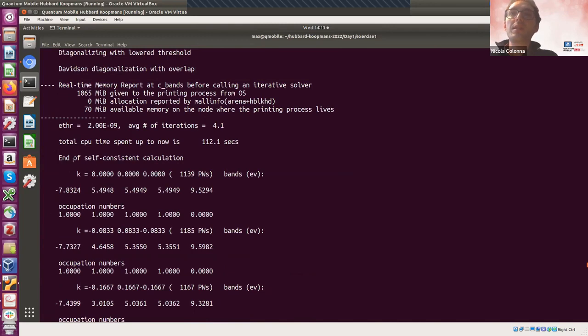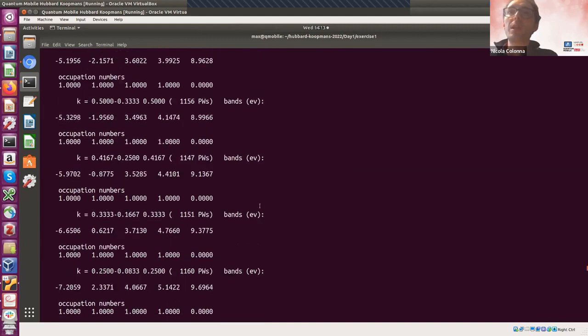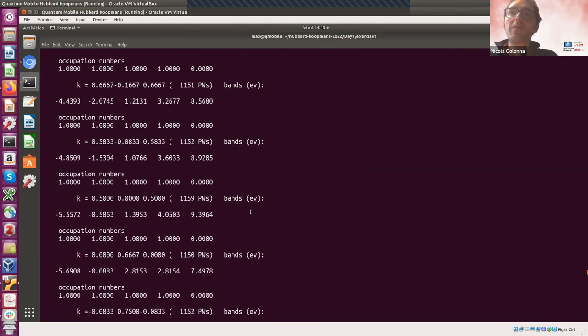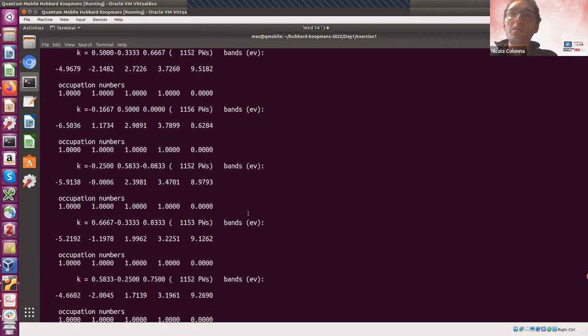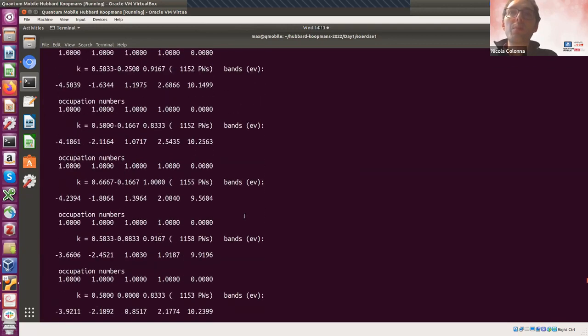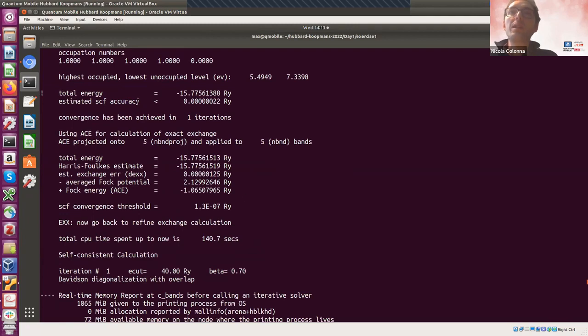So the code says the self-consistent, meaning the inner loop, is already converged, prints out a report on the Kohn-Sham eigenvalues. Those are 72 k-points, so quite a lot, but you see then it prints out again the new total energy in the presence of the updated ACE potential. Again, it checks the error on the exact exchange.